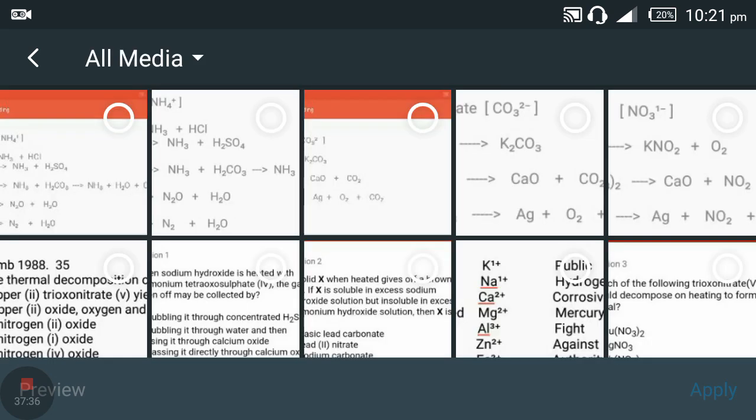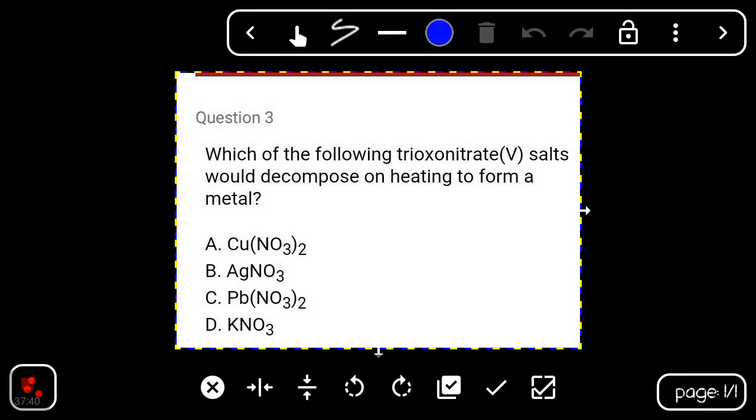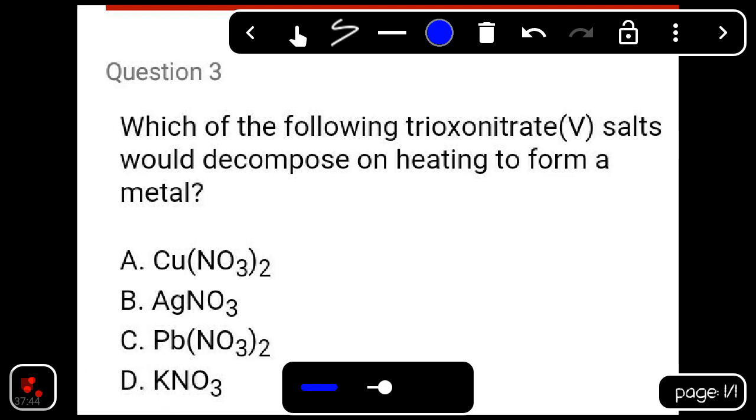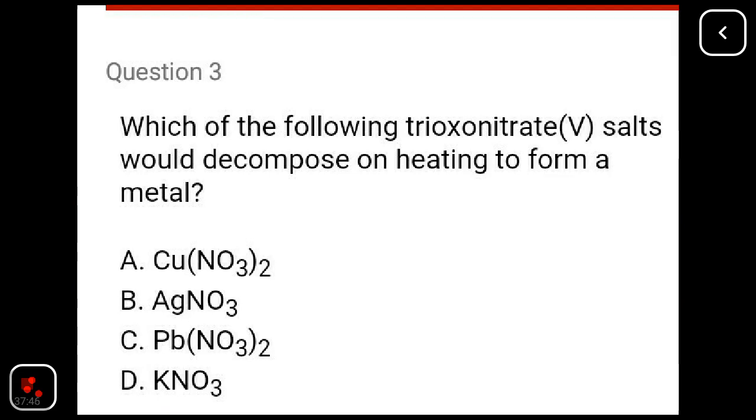So now let's go to the next part. Which of the following trioxonitrate salts will decompose on heating to form a metal? Well, we already discussed that this one will form a metal there, right?